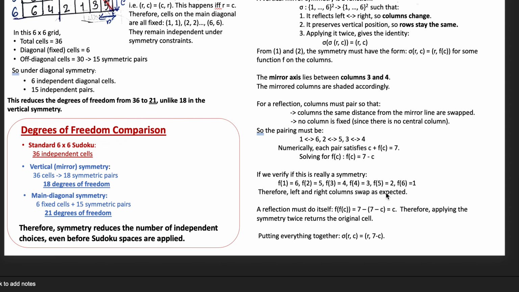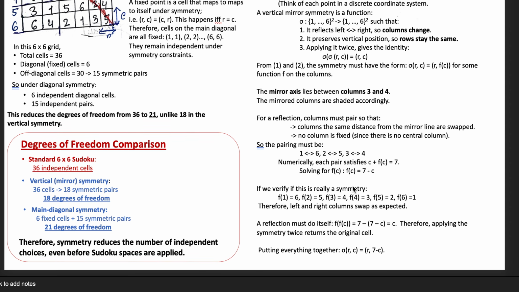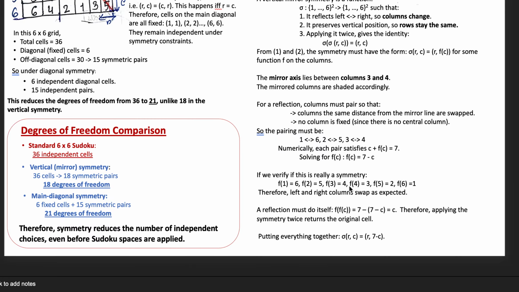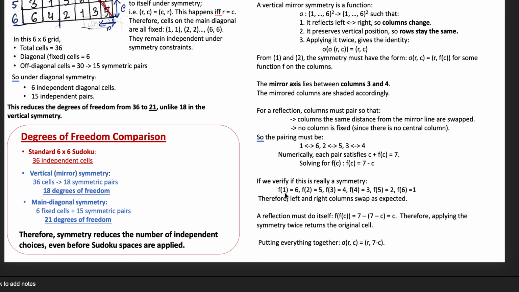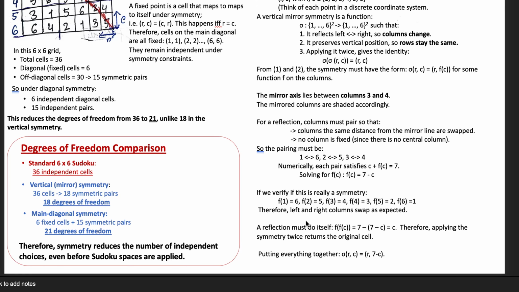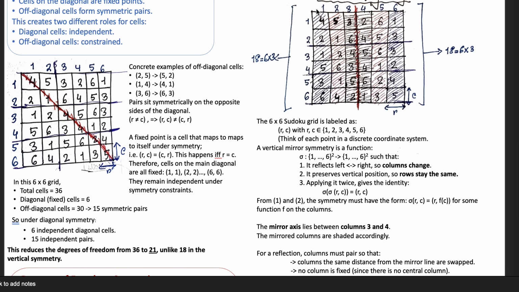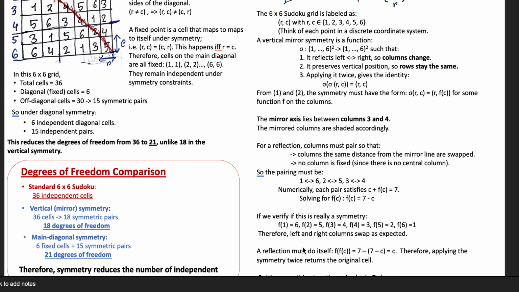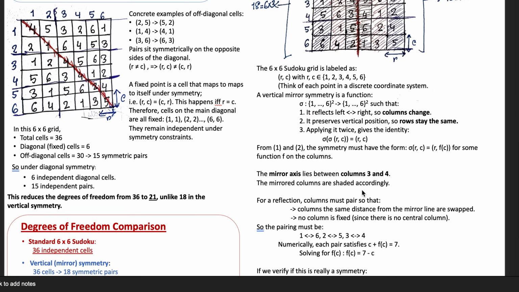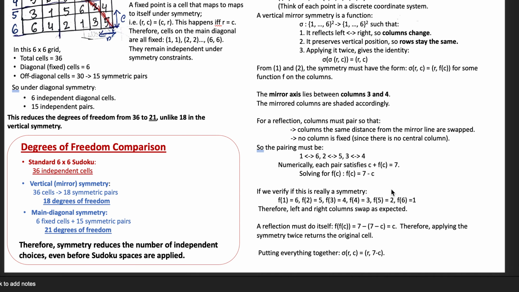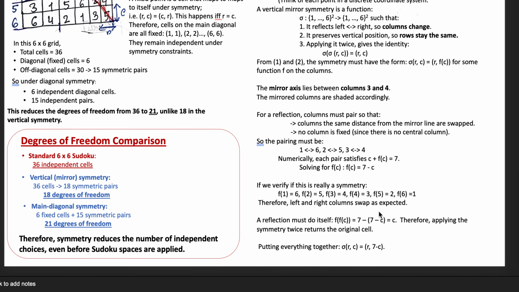You can verify that this function can be a symmetry. It maps the columns correctly. For example, f of 1 equals 6, so column 1 maps to column 6. f of 2 equals 5, f of 3 equals 4, and so on. So the left and right columns swap as expected.